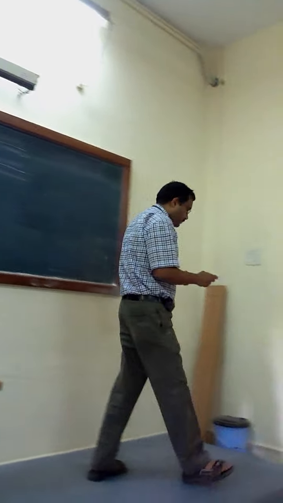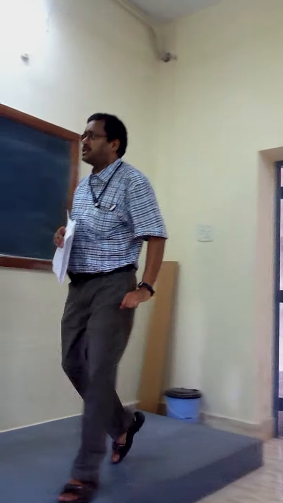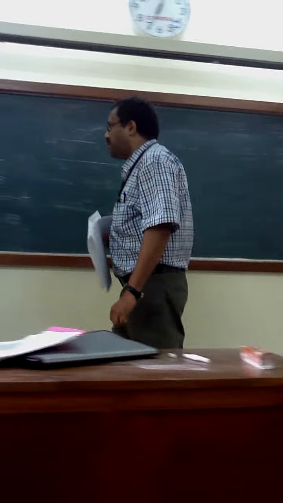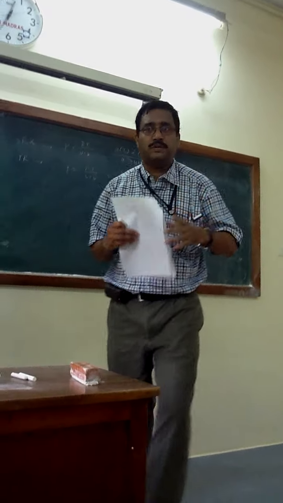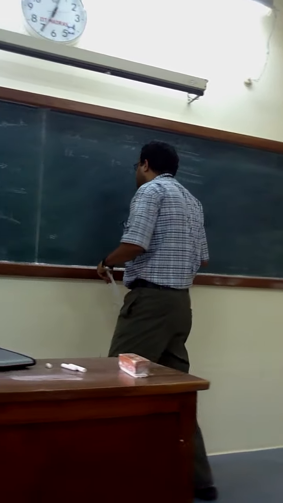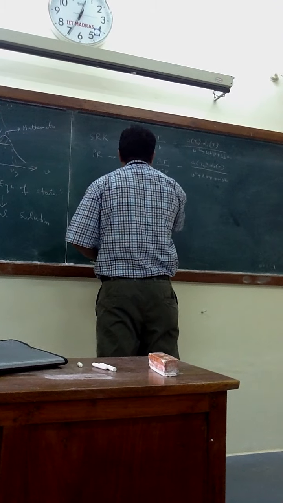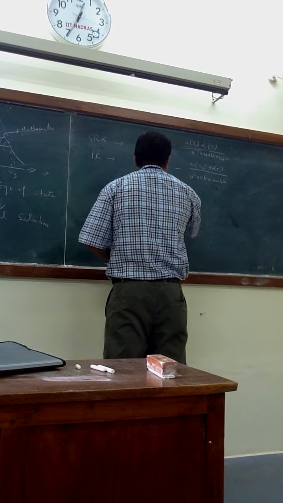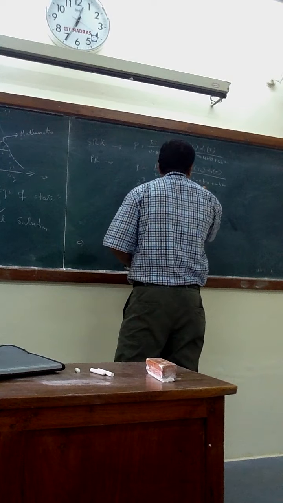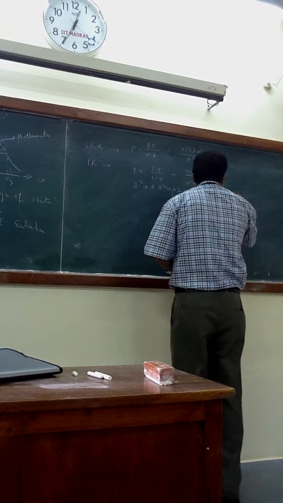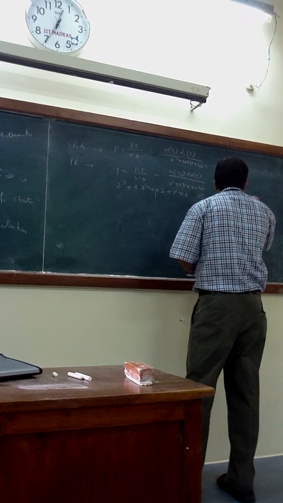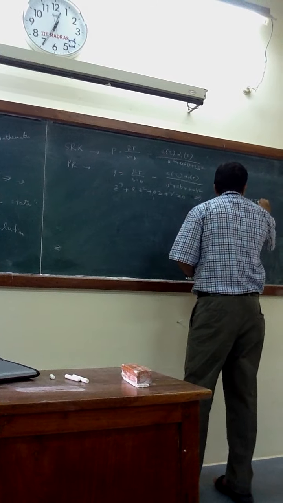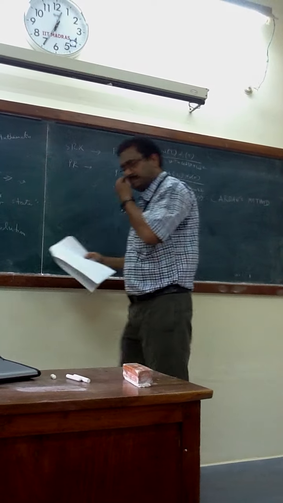So we have to handle it very carefully. The solution procedure of this equation of state in terms of compressibility factor can be obtained by which method? Cardano's method, as I told you earlier. So z cube plus alpha z square plus beta z plus gamma equals to 0 can be solved by Cardano's method.